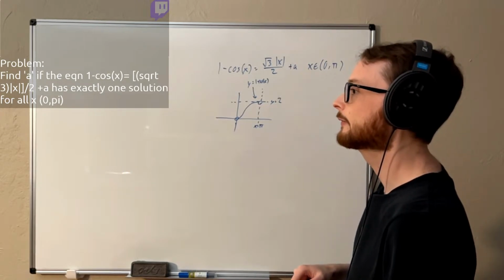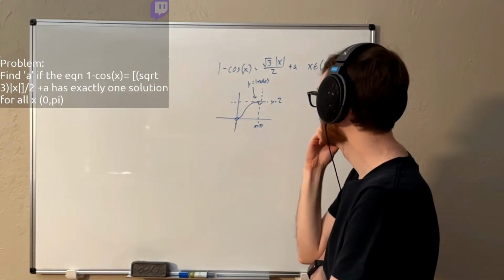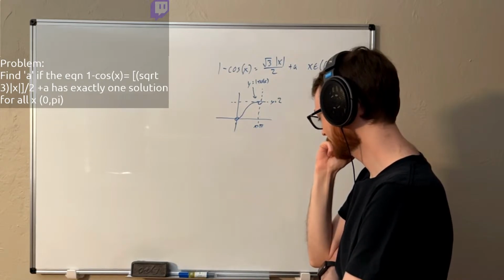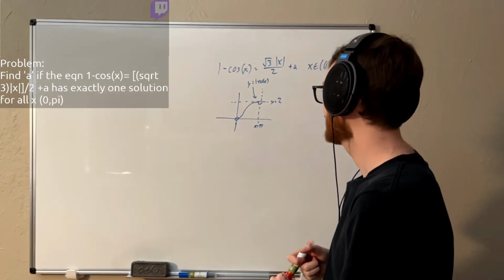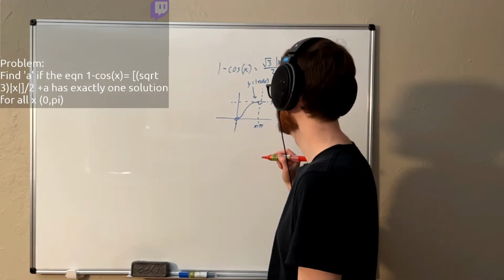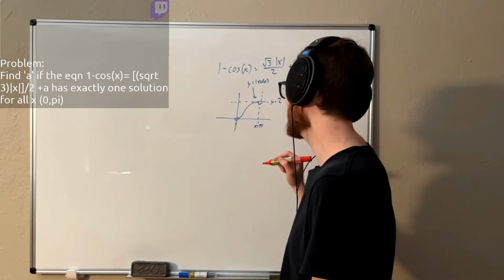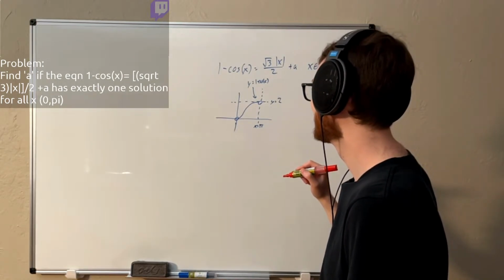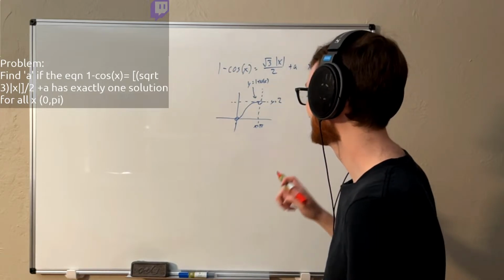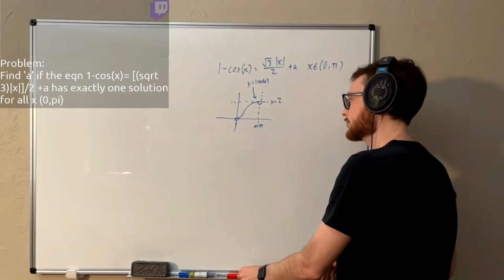Root 3 over 2 is less than 1, so we get something, oh, comparing it to 2. Okay, well, anyway, maybe the graph isn't all that helpful here. I think doing this by hand is actually not all that helpful, now that I actually try to graph this thing.